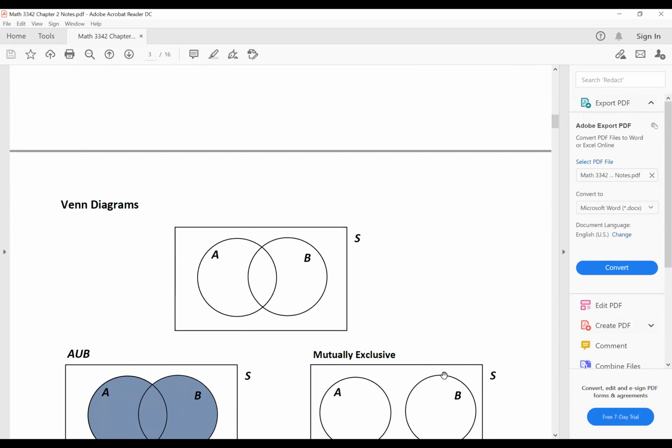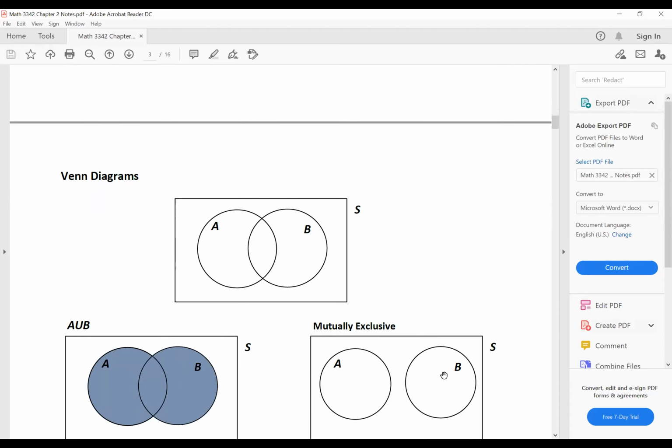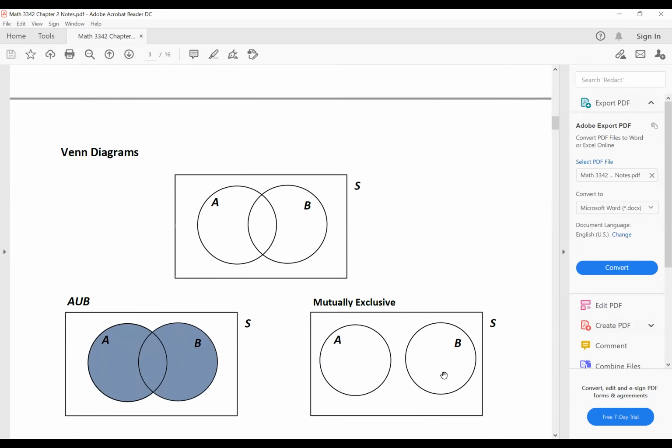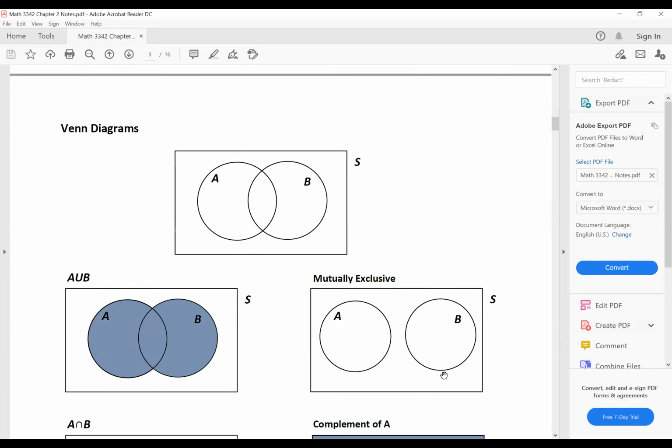Okay, so now Venn diagrams. To represent the event, you can use set notation, or you can also use diagram notation, which is called Venn diagrams. So you can represent the union of sets, the intersection of sets, using some diagram, and this diagram is called a Venn diagram.